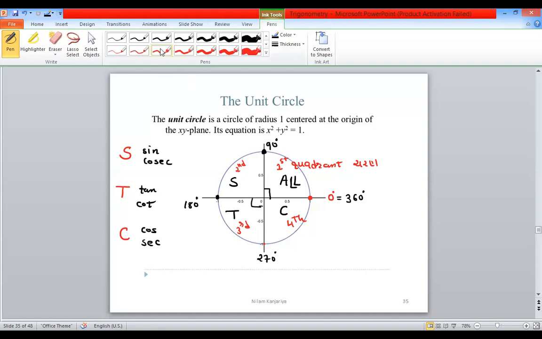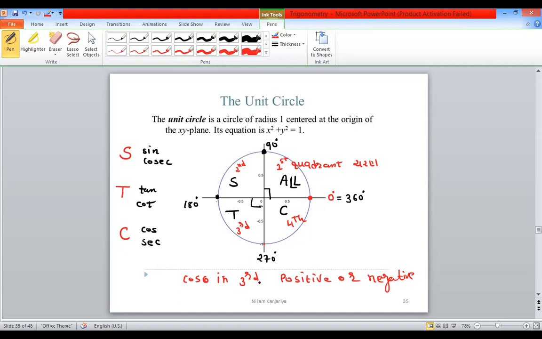If someone asks you an MCQ question: cos theta, theta is any angle, in the third quadrant, positive or negative? This is the question.